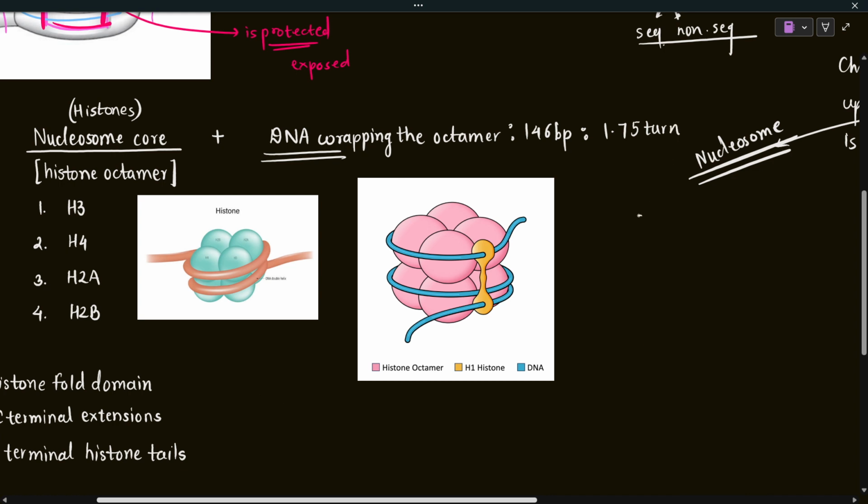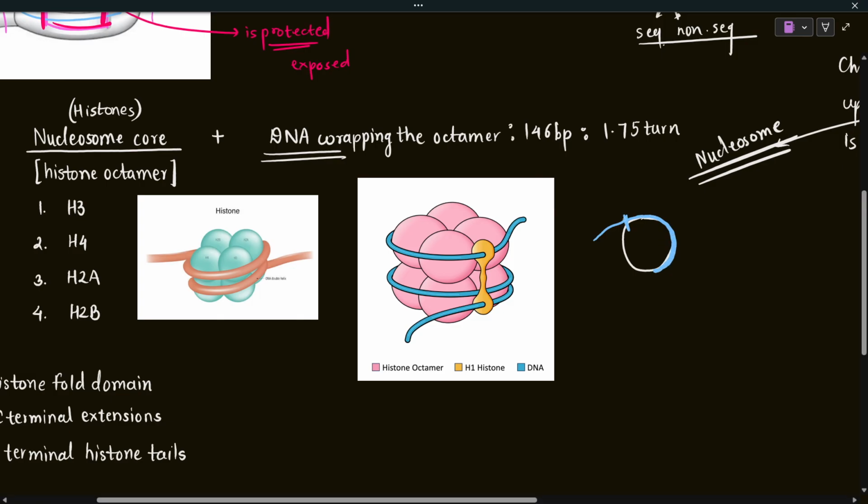So this is the nucleosome core made up of histones, and around this DNA is wrapped. It will wrap itself 1.75 times, meaning it won't complete the 2 turns.